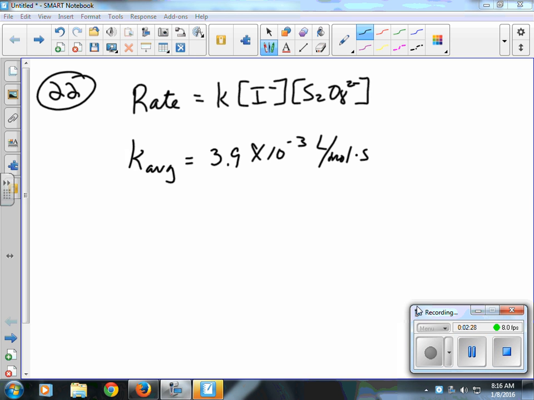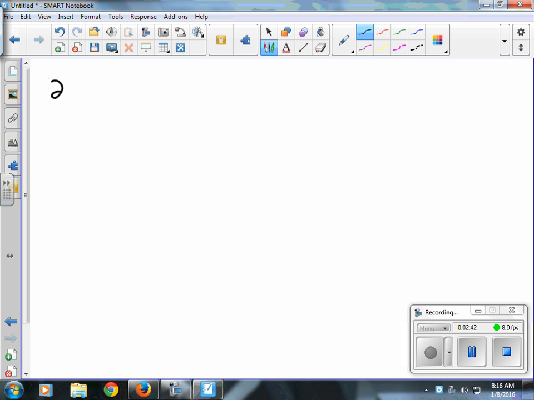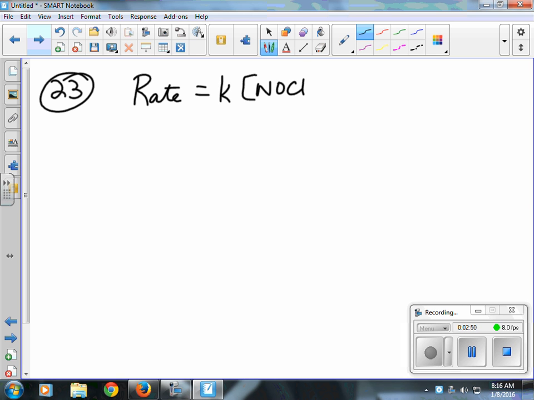Okay, so on part A, what is the rate law? We have to find out the rate law. So we have rate equals K. Finding out the rate law means we have to find this exponent n.